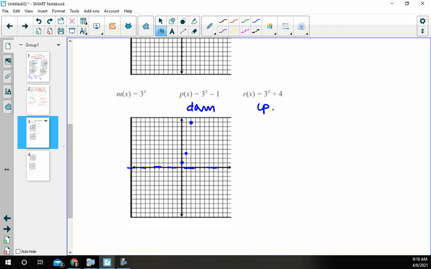Didn't move them up or down yet. Let me know if you guys don't understand something when I'm doing this, because right now I'm just assuming we can graph these on our table. So if you don't get something, holler at me. This time my asymptote should move with it.